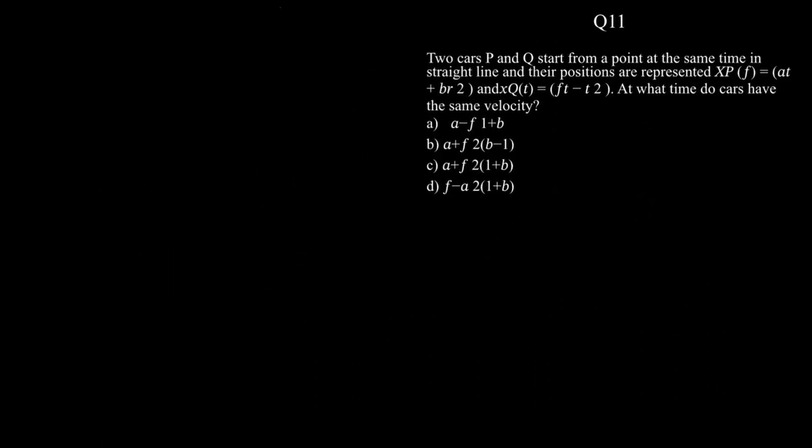So let me first write down those two given displacement-time relationships. We have XP is equal to AT plus BT square, and XQ is given as FT minus T square. Now, what is VP?